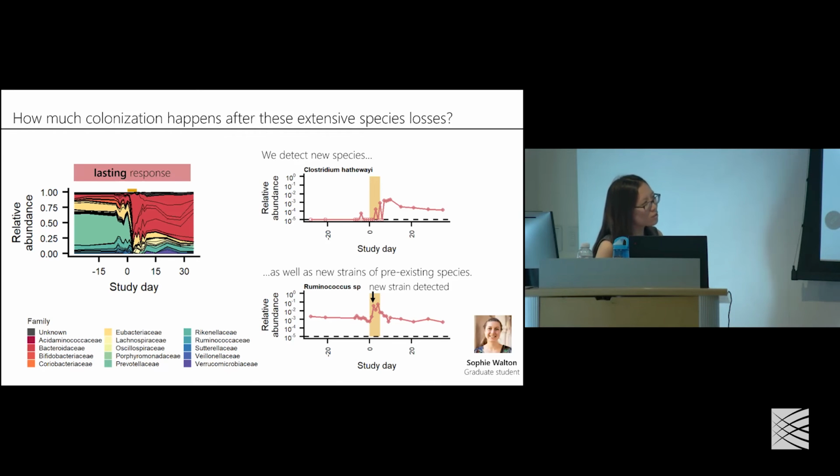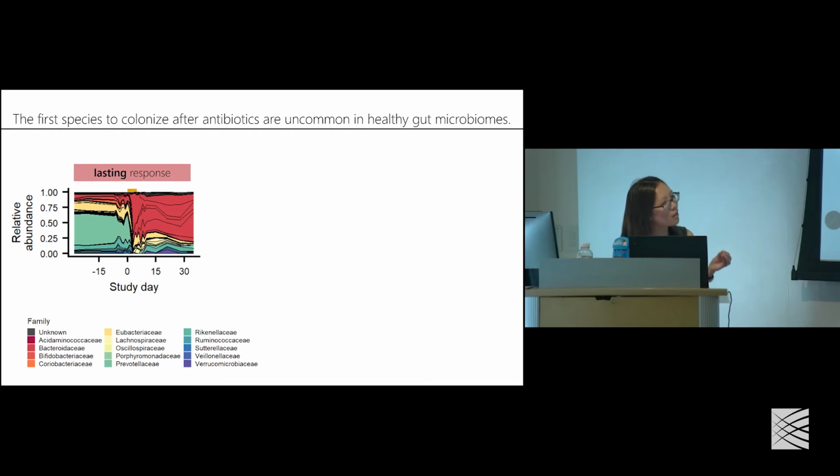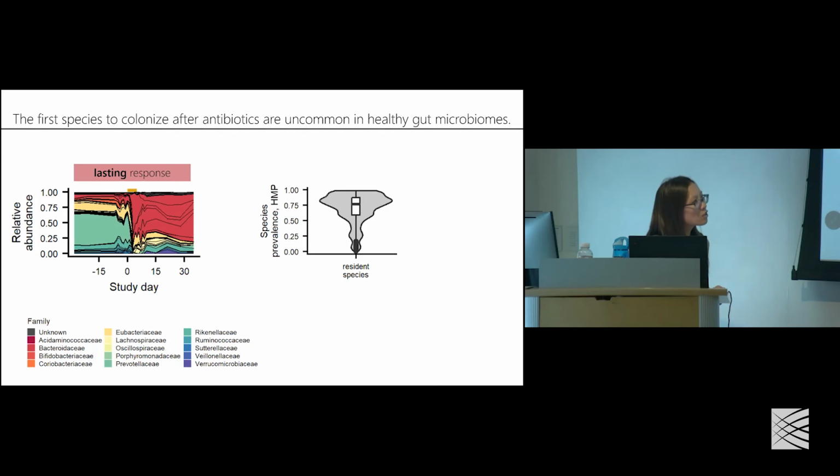So what are the new species that are colonizing? Well, for lack of a better word, as we started looking at these new colonizers, we realized that they seemed a little bit weird. They were not the species that you typically expect to be residents of the core gut microbiome. To quantify this general impression, we looked for the prevalence of different species within the Human Microbiome Project, that's referenced cohort of healthy adult humans.